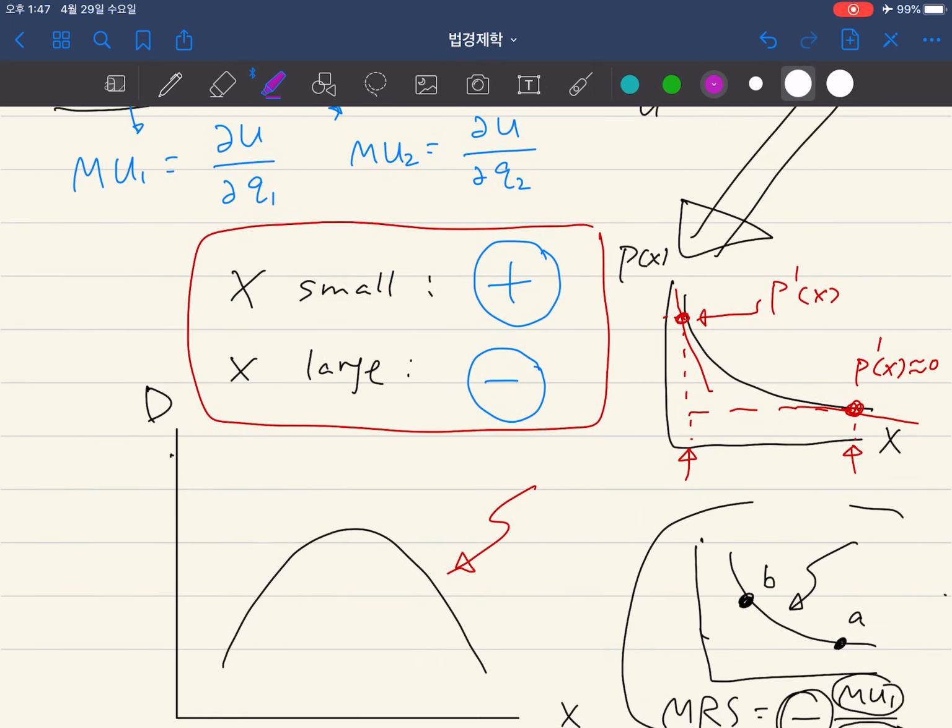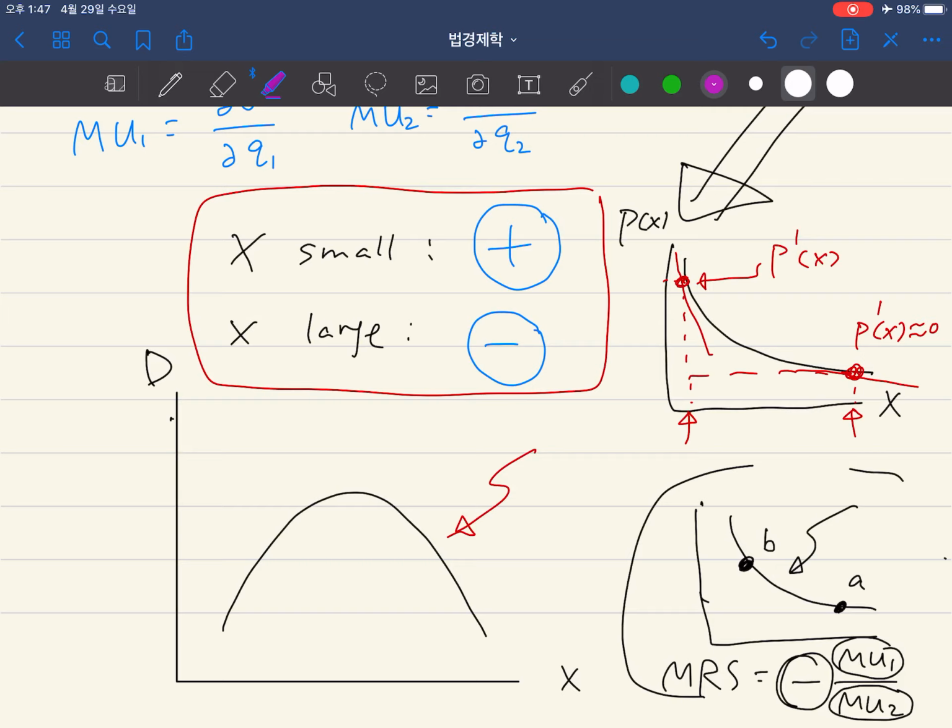Then let's go back to our curve over here. Imagine these two points, C and D. Remember, this curve has exactly the same meaning as the indifference curve.